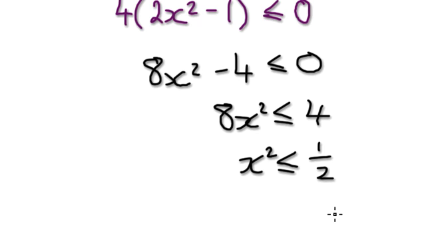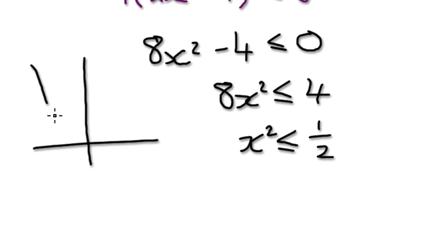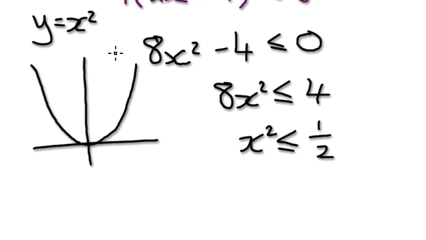Okay. So now when you get to this stage here, try to understand what's going on, maybe inside your mind, or maybe sketch somewhere. Sketching a graph of y equals x squared will look like this. Let's say this is 1 here. Well, a half will be here.